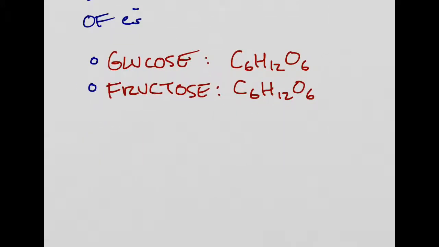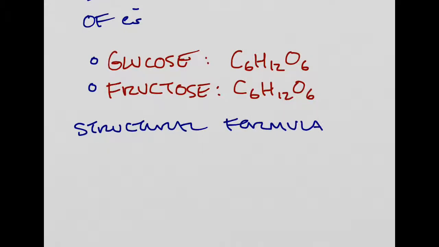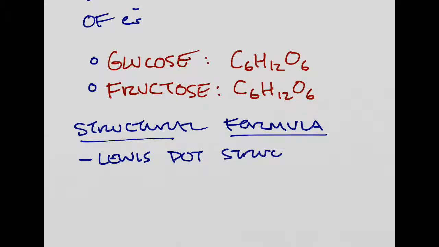Well, that's where we have something called structural formula. And a structural formula is something that we would always want to make sure that we showed with regard to a molecule. Okay? So know that for these structural formulae, you still will use Lewis dot structures, just like we did with ionic compounds.